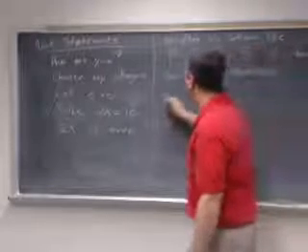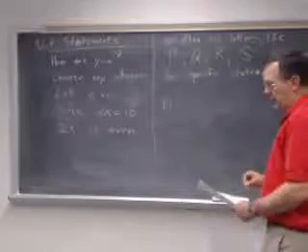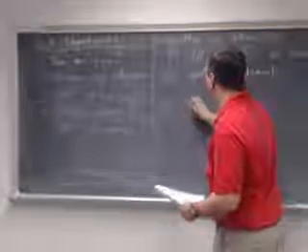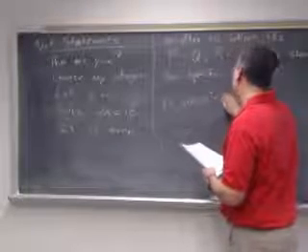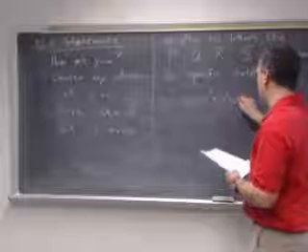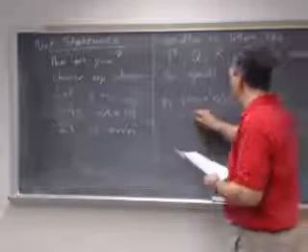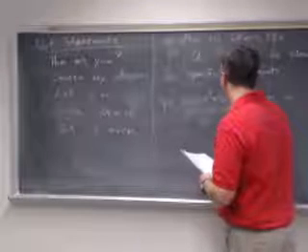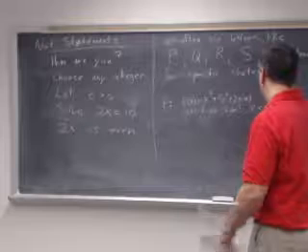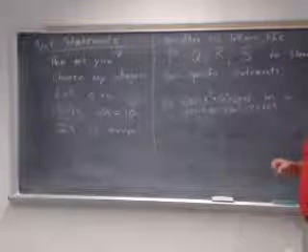For example, we say P is the sentence: f of x equals x cubed plus 5x squared plus 2x plus 1 has no positive real zeros. Okay, so this is a statement.